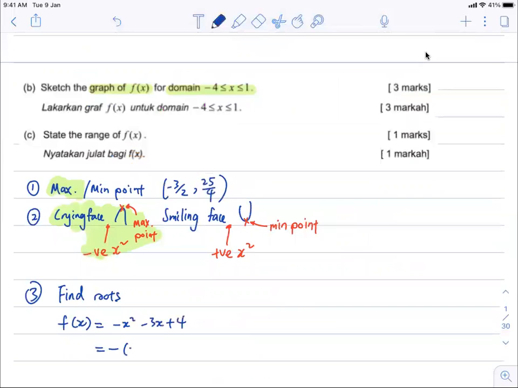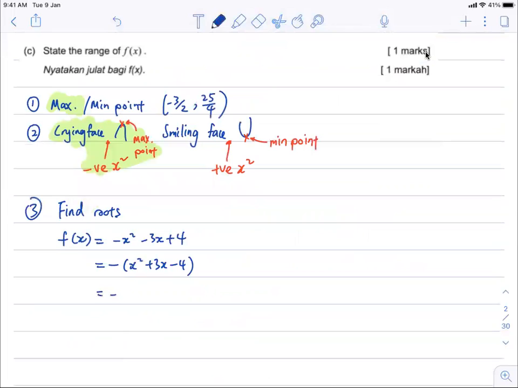Factorize out negative: negative (x squared plus 3x minus 4). Factorize it further: (x + 4)(x - 1). So we know that for roots, f(x) is equal to 0. So the roots are x equal to -4, x equal to 1.